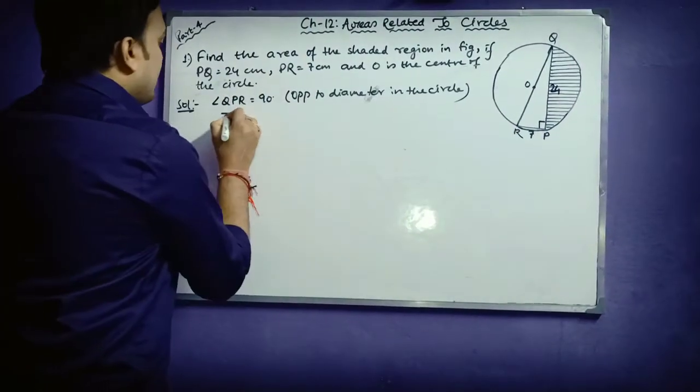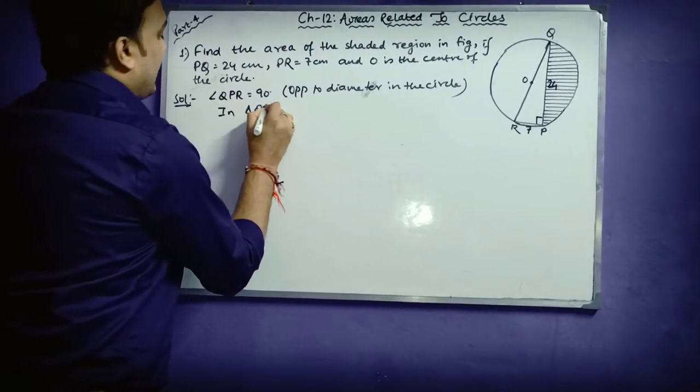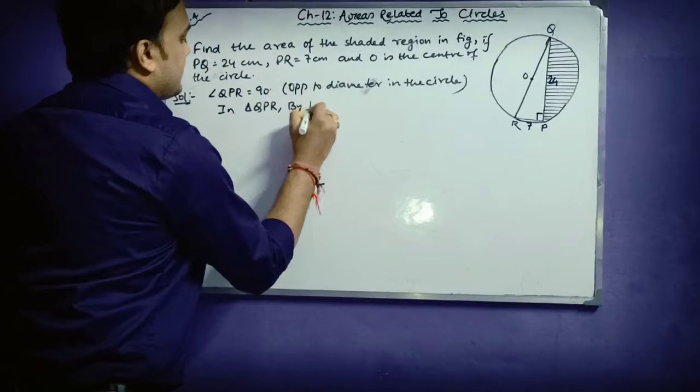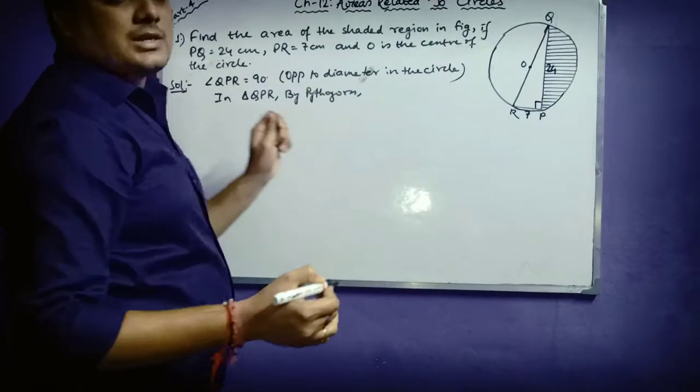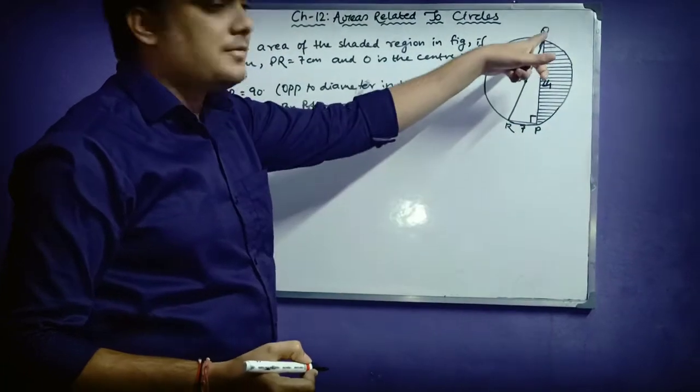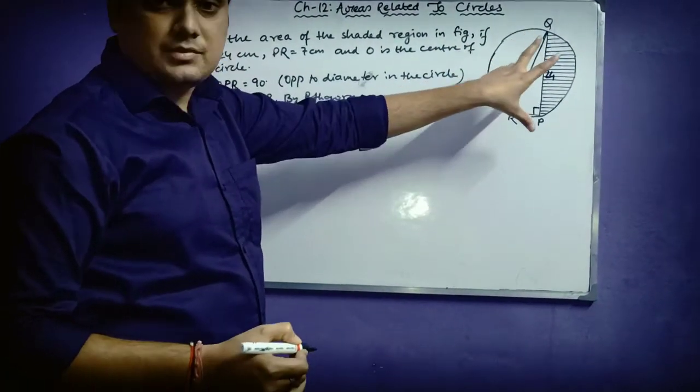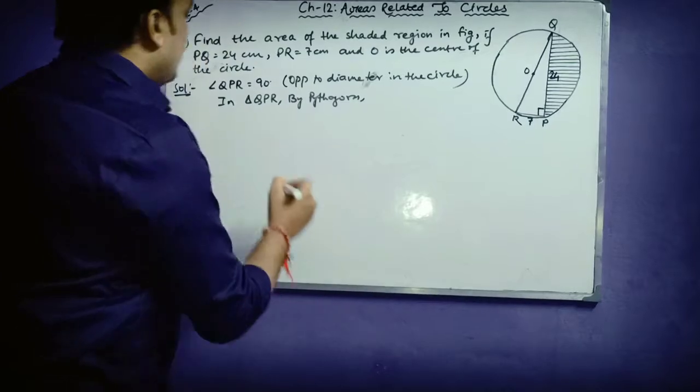So in triangle QPR, we will apply the Pythagoras theorem to find the length of this diameter, which is unknown here. So first we need to find the length of the diameter.